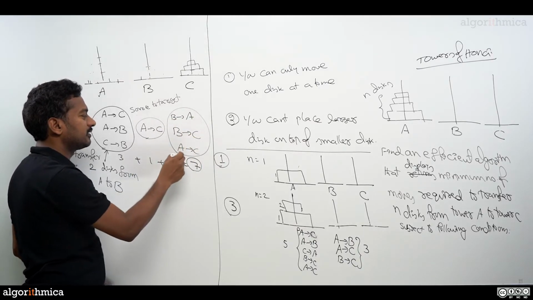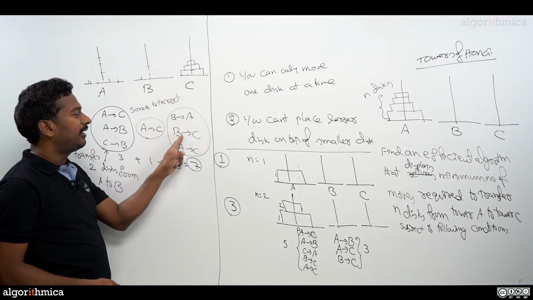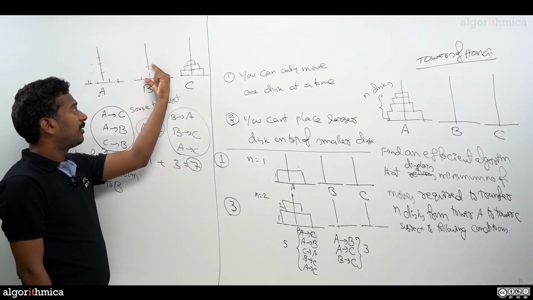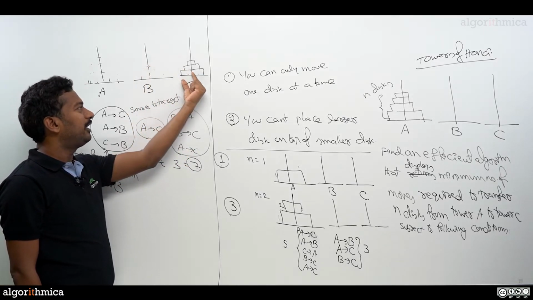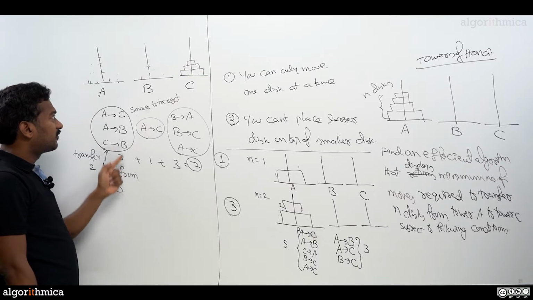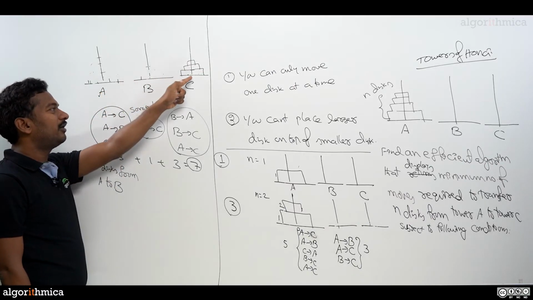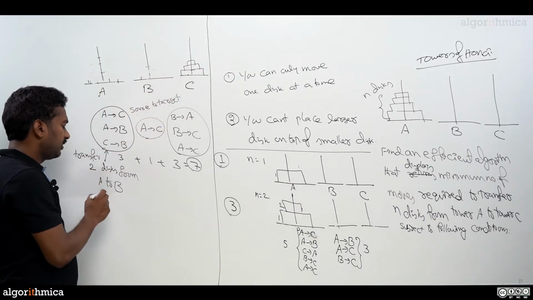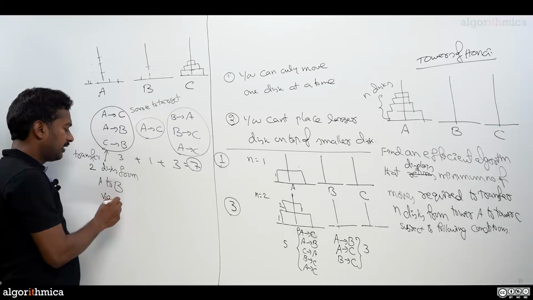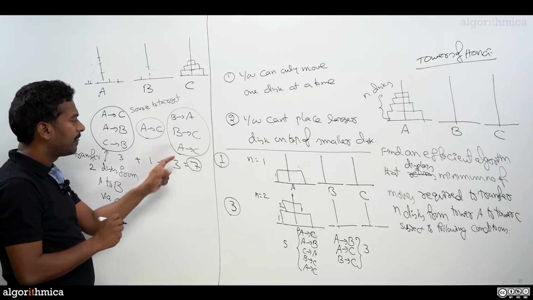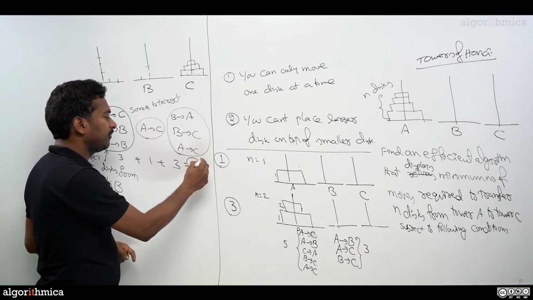Now what about this? If you see B to A, B to C, A to C here, we are moving 2 disks again, from B to C. Here, 2 disks from A to B, but while moving A to B, we are taking help of C; we can call it via C as a helper tower. But for the last 3 moves, what are we doing?